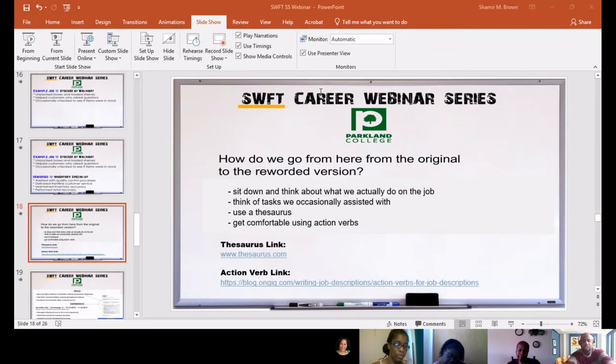So let's say we want to look up the word assist. We put it in the box here, click search, and then we get a bunch of synonyms for assist. That's how we find different words or phrases that might be more fitting or more professional sounding in terms of saying what we were doing on a given job.